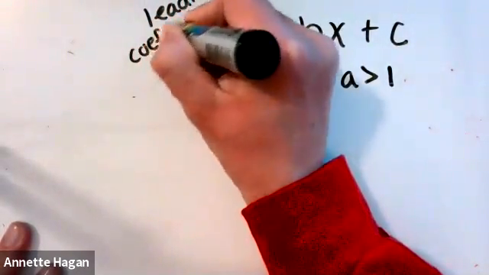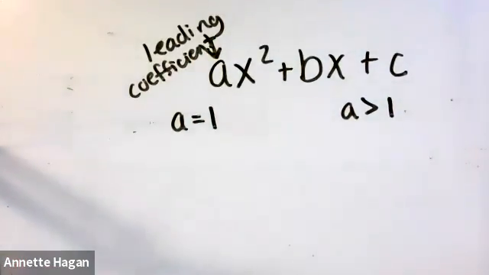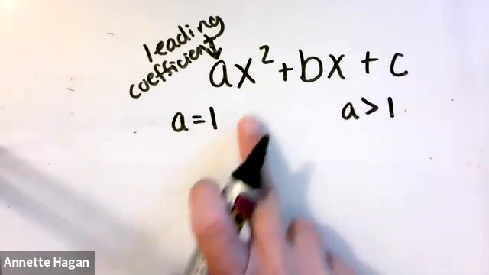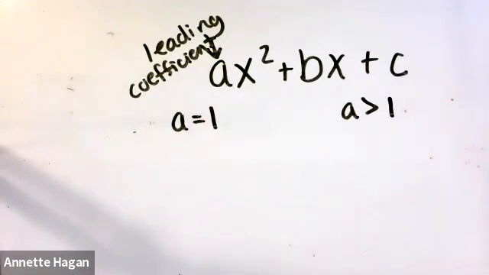We know a coefficient is the number in front of a variable being multiplied by the variable, but this is our leading coefficient. If the leading coefficient is 1, eventually we want to get to a place in our ability to do this where we can do the guess and check method.